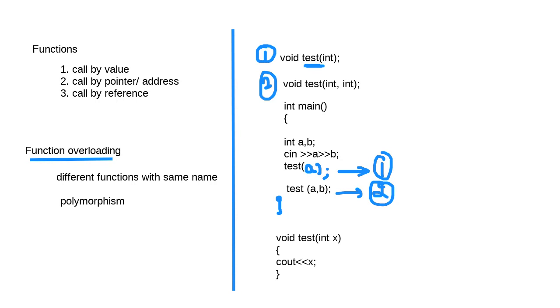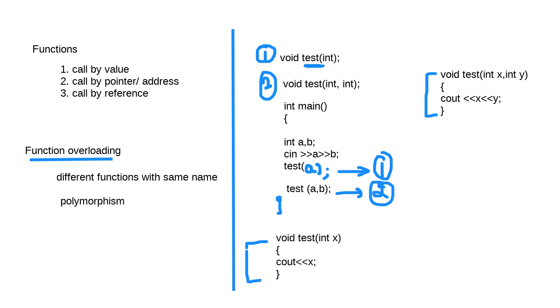Then the second definition of test with two arguments, int x comma int y, cout x y. So these are the two definitions. Can I say these two definitions are performing different actions? This is printing one value and this is printing two values, right? So in all, these two are performing different actions.